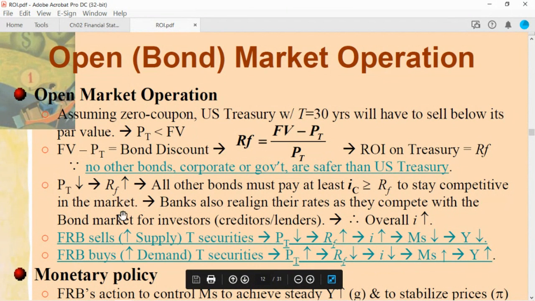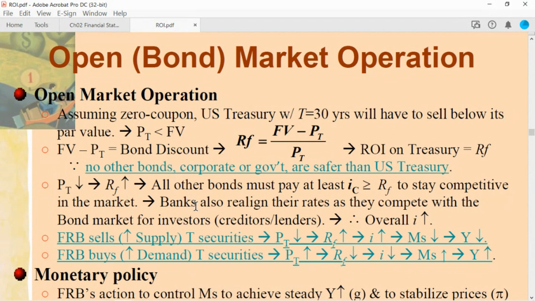Now think about it. This is the risk-free return, not just the return from any other bond, but the risk-free return from the Treasury, right? So that means Treasury is the biggest player in the bond market. In the bond market, there's the U.S. federal government, represented by the Treasury Department.